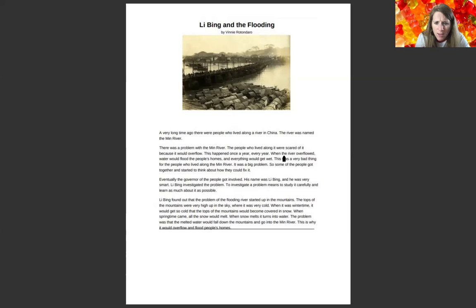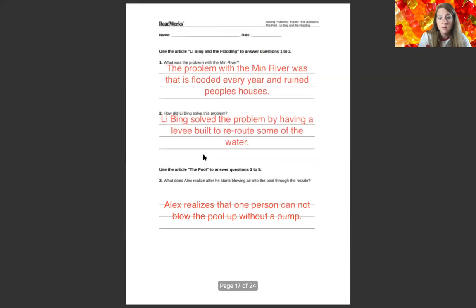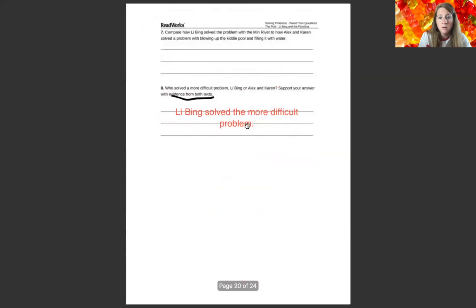So we can go ahead and take bits and pieces from this and we can say, I like this sentence right here. The people who lived along it were scared of it because it would overflow. That's important, guys. Let's go down here. And I might not quote it exactly because it's hard for me to remember when I can't go back and forth to the pages.